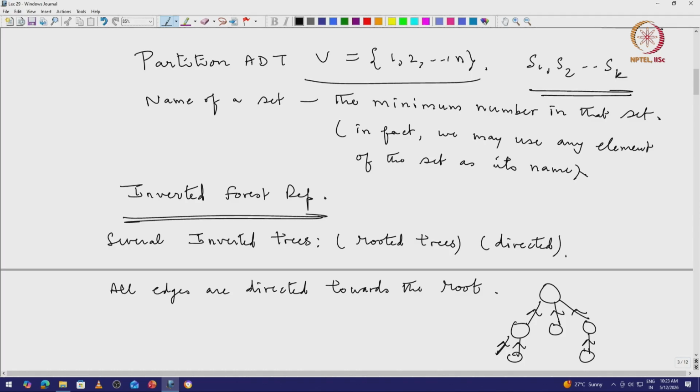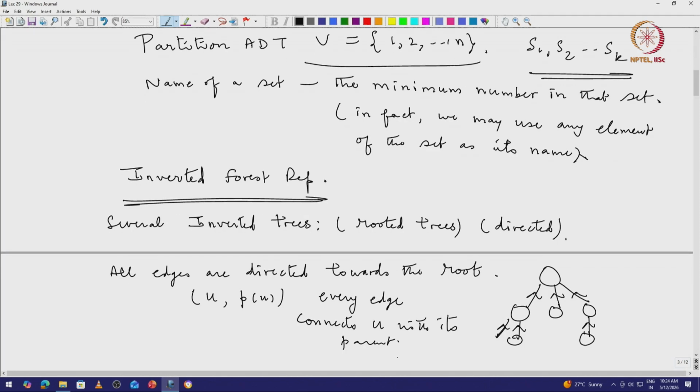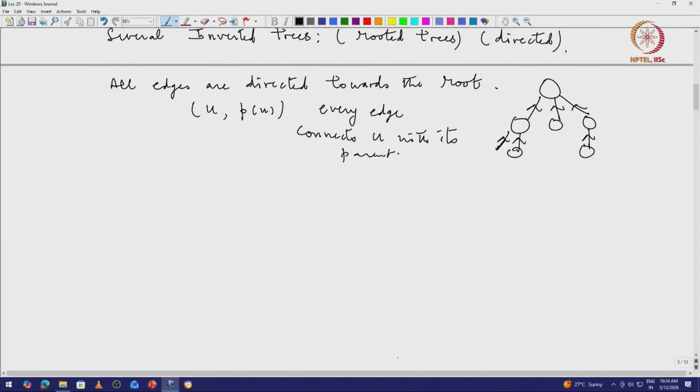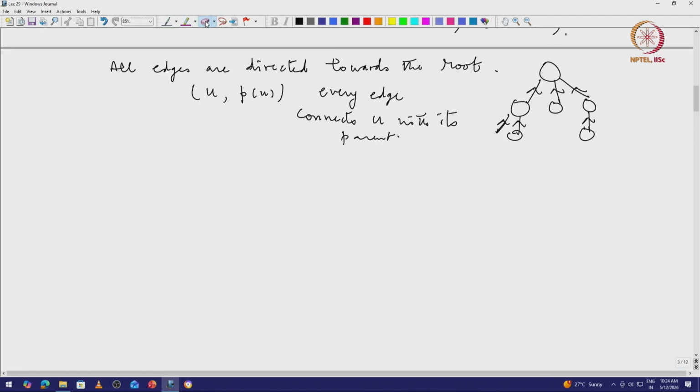That means every edge connects a node with its parent in the tree.